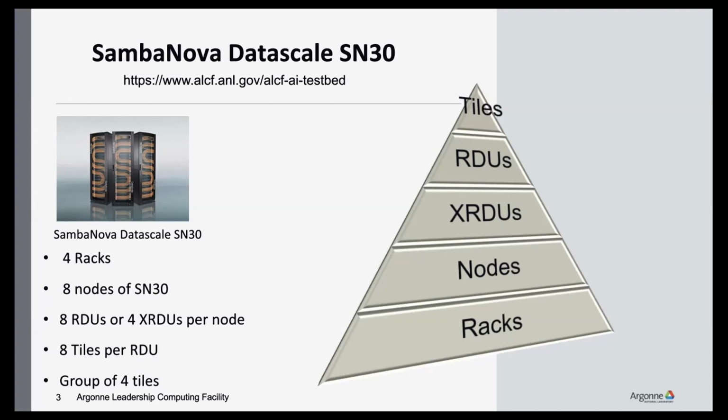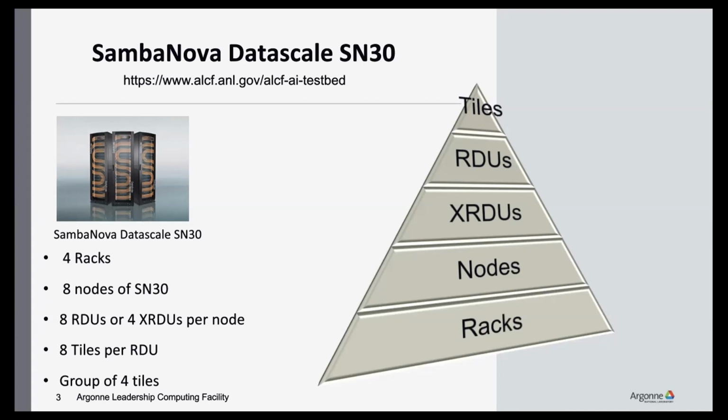Each of these nodes is built up of RDUs, 8 RDUs to be precise. We also couple 2 RDUs and call it an XRDU, just for hierarchical reasons. And each RDU is again split into 8 tiles.